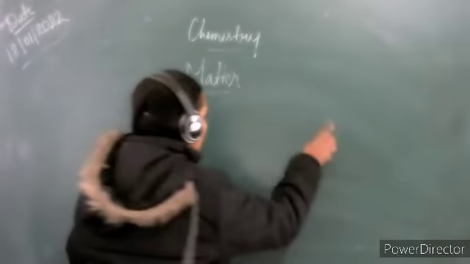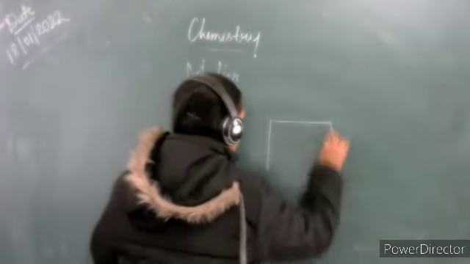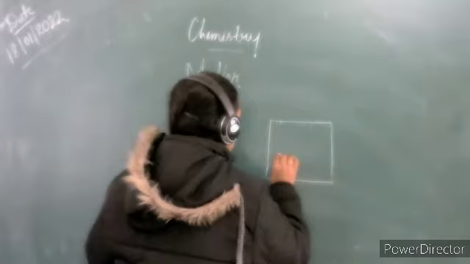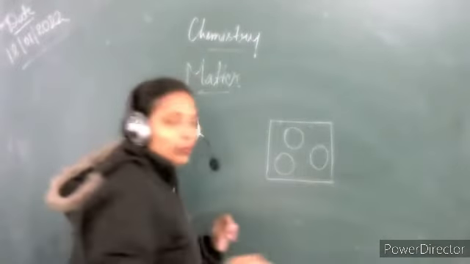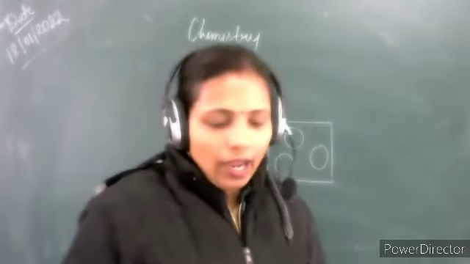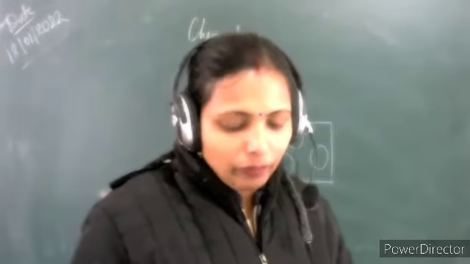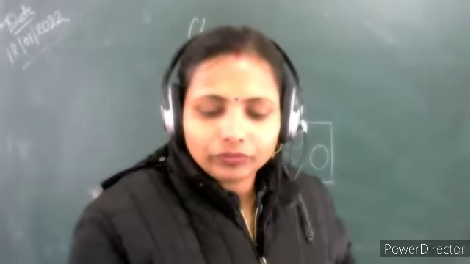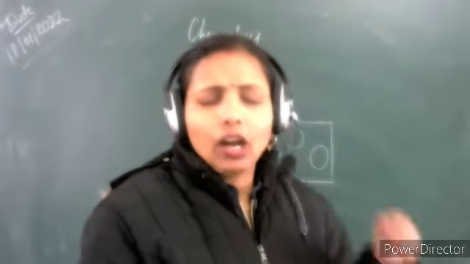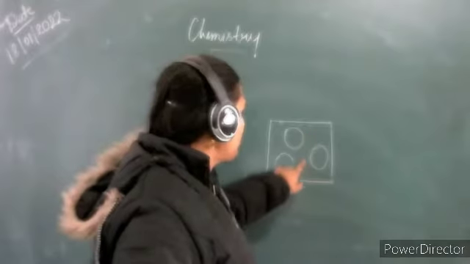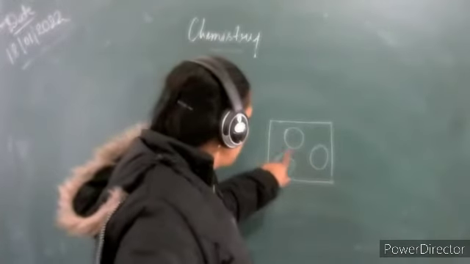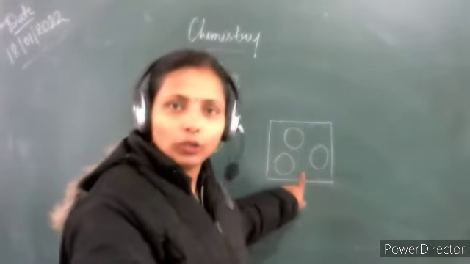Students, suppose this is how liquid molecules look. Liquid molecules are far away from each other, and because of this, these liquids are easily moved since there is sufficient intermolecular space. Here also, there is sufficient intermolecular space.